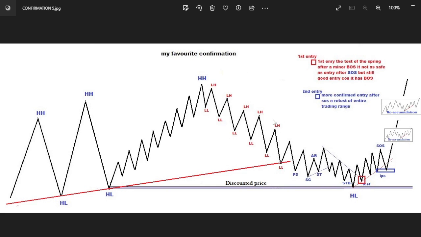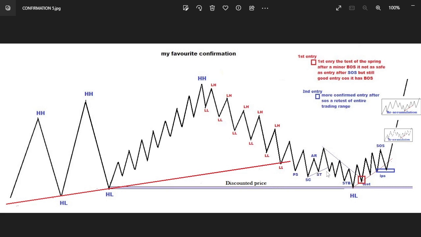So I have to see liquidity runs, see its high time frame, daily, 1 hour. If the structure is a daily structure, okay, this is a daily structure and this retracement is a 4-hour structure.